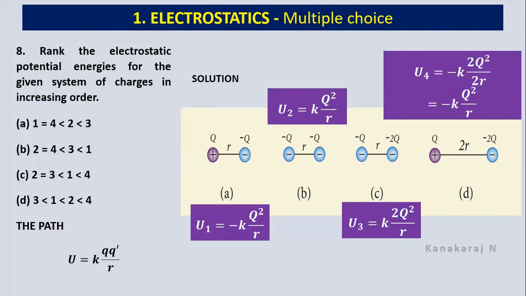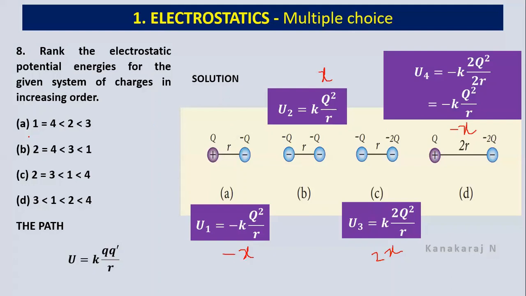Now we have to compare each quantity. Let us start with the first one. Let this be minus X. Epsilon 2 becomes plus X, epsilon 3 becomes 2X, and epsilon 4 is similar to epsilon 1, so it becomes minus X. Here the negative value is the least, and 1 and 4 have the same potential energy.